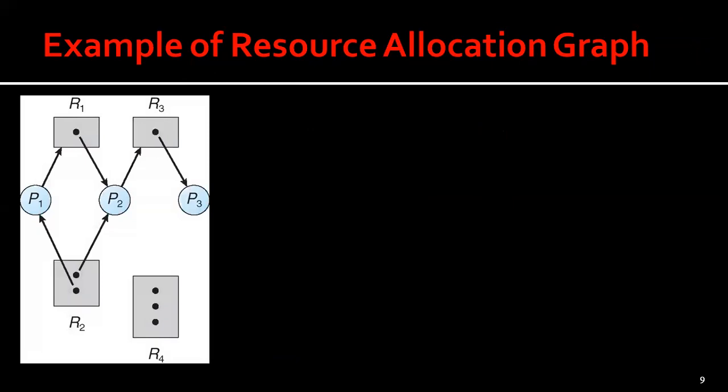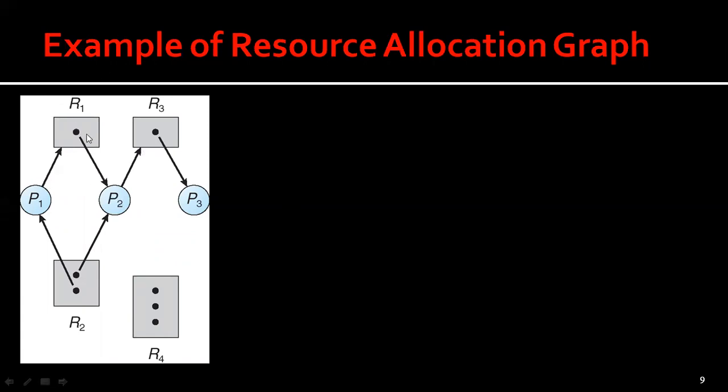Here we have 3 processes, P1, P2, P3, and we have 4 resources, R1, R2, R3, and R4. The edges are: P1 to R1, so here it is making the request, and P2 to R3, and R1 to P2.